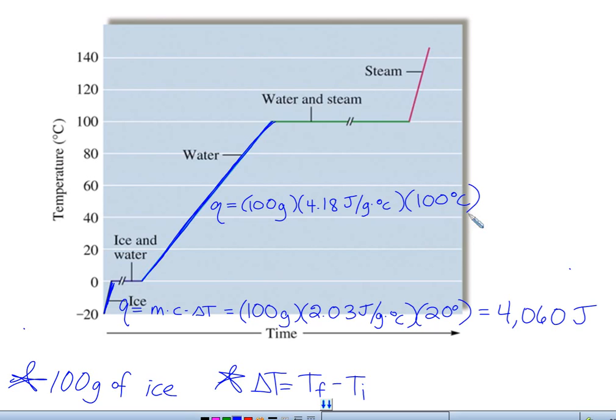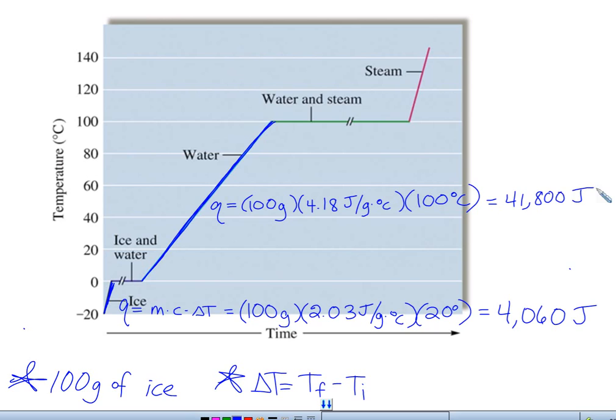Because again, you don't want to memorize these equations, just look them up. Just know where to find them in the packet, what's available, and how to use them. So if we plug this in our calculator, and we just use some nice numbers, 41,800 joules. Yikes.